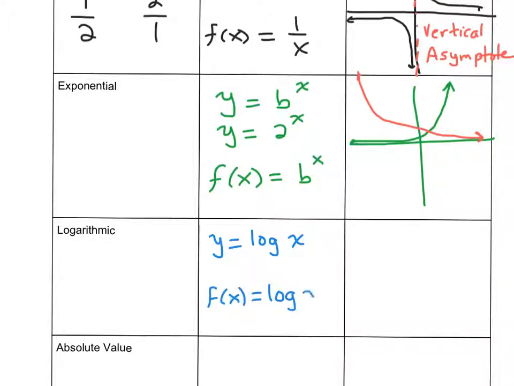So this is what's called the common log, which means it has a base of 10, but any log really has a very similar graph. So a log graph is our second graph we're going to see with a vertical asymptote. A normal log has a vertical asymptote at 0, and that can be moved. It can be moved left or right. And then the graph goes up pretty quickly and then slowly grows from there.